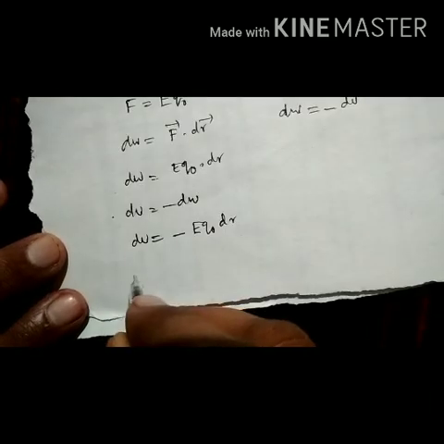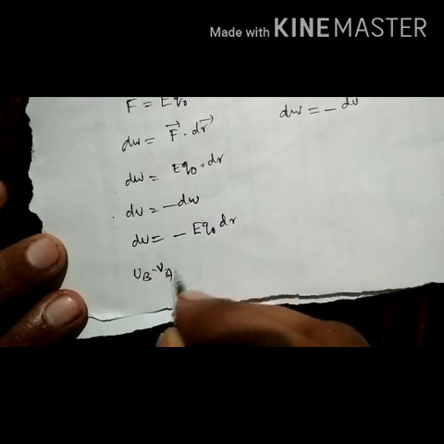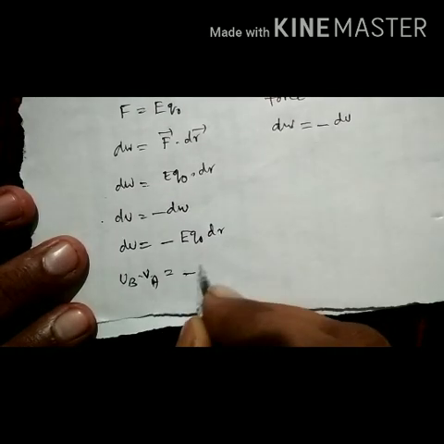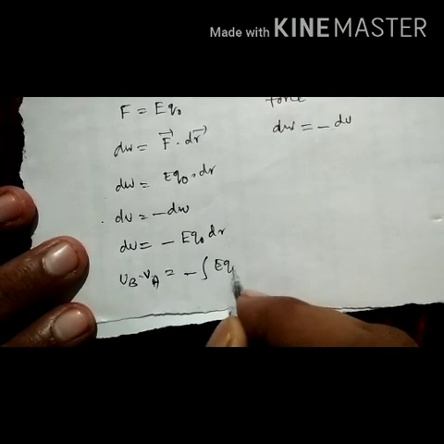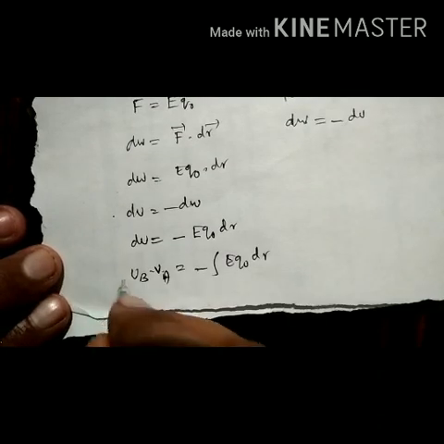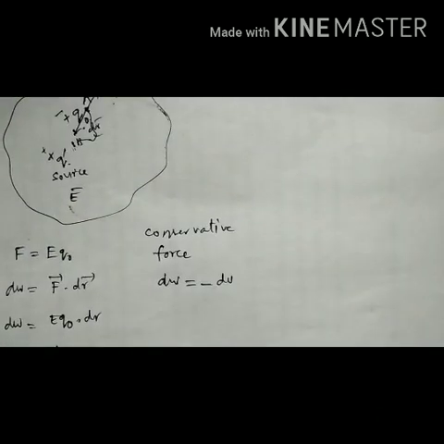If you want to find it, you can integrate this. UB minus UA is equal to minus integral of EQ0 dr. I will write UB minus UA as delta U, the change in potential energy of the system.